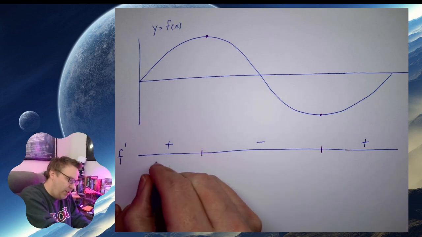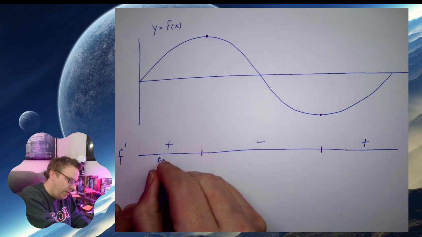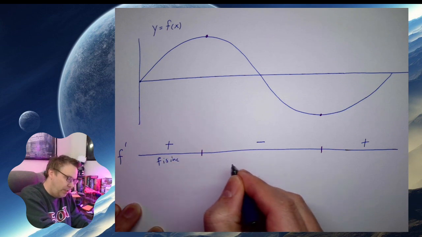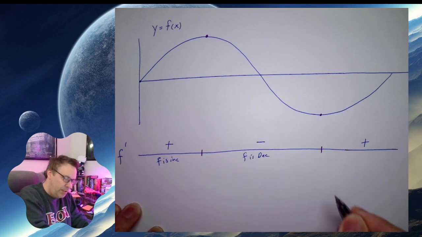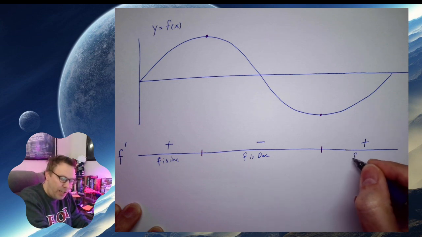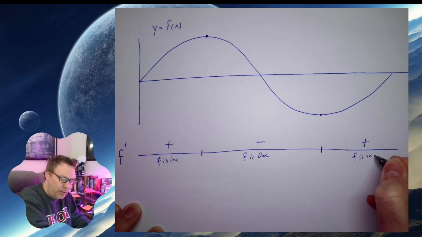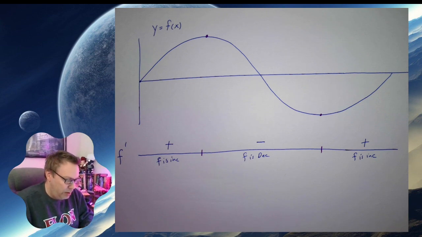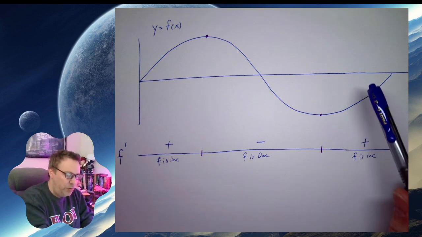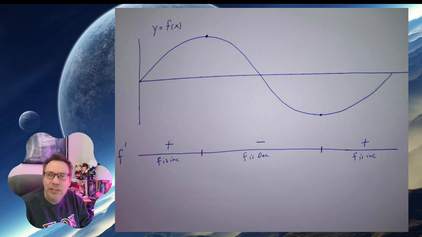So I want to write down underneath here, f is increasing, f is decreasing, and then here again, f is increasing. So this gives me a nice way to reference the increasing, decreasing nature of that curve.